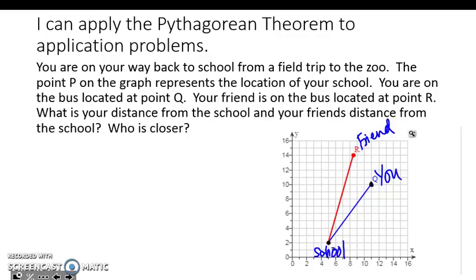So I'm right here, and here's the school. So we're going to create a right triangle so that we can solve for how far away we are. Okay? So then you should be able to find those values and calculate the line PQ, which is going to equal C.